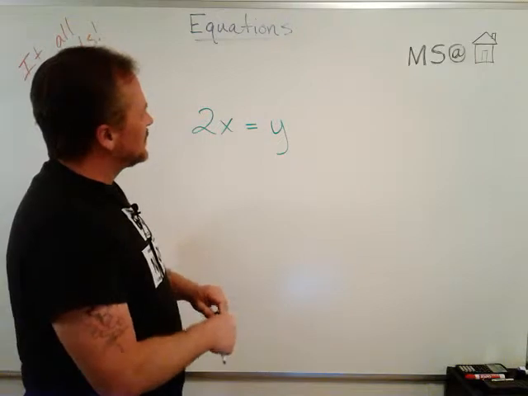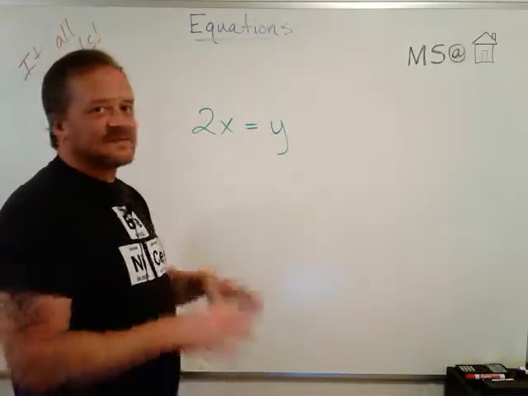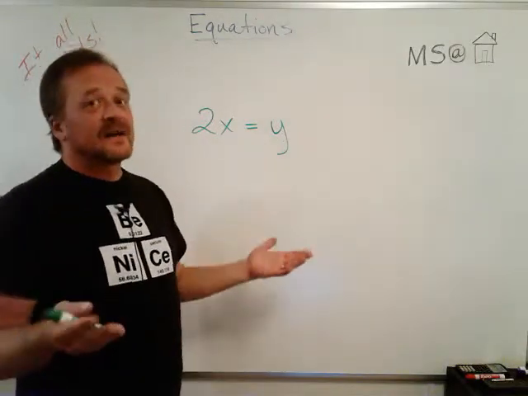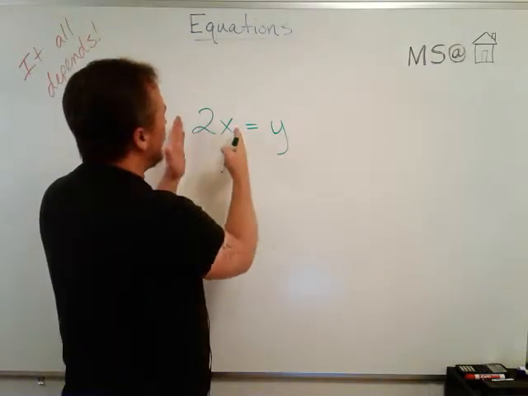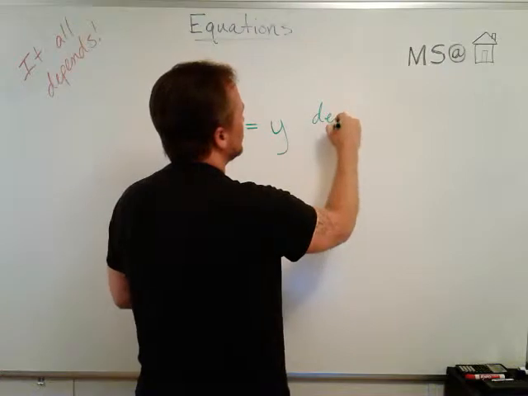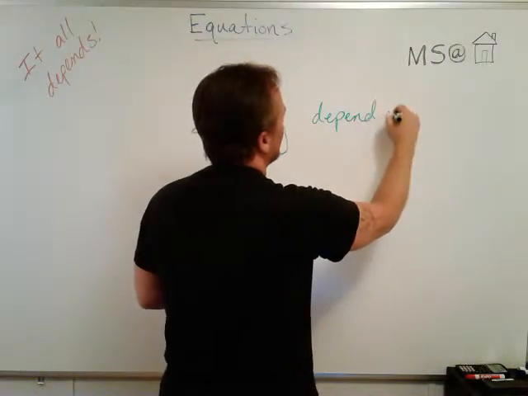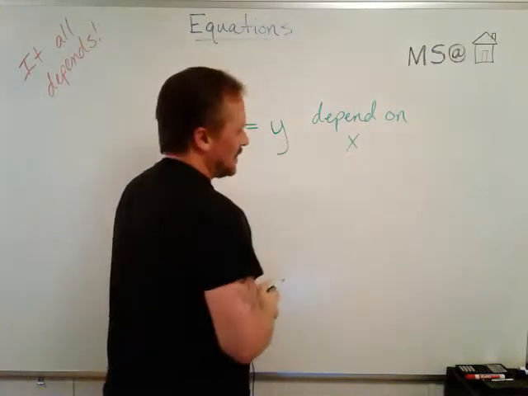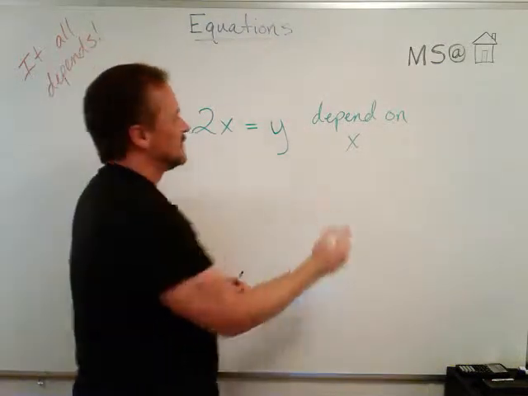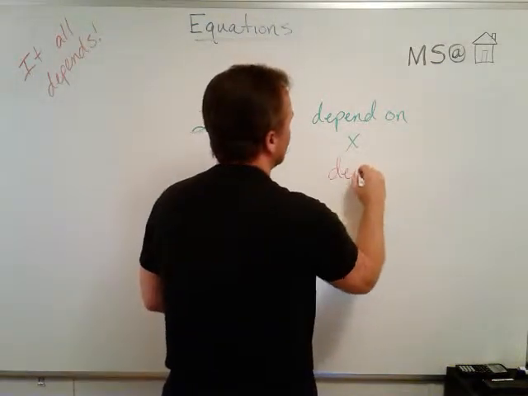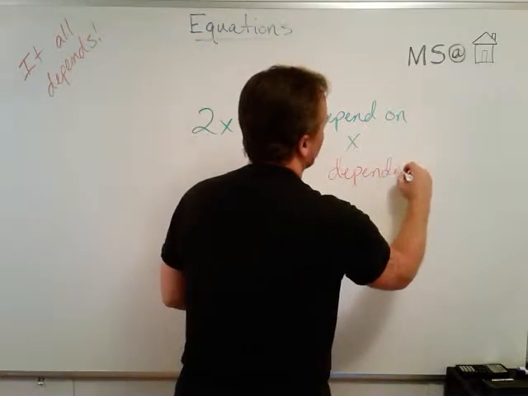There's a special little name for y. Since it's all by itself and it's just kind of sitting there waiting to see what happens, its value depends on x. And since it depends on x, we call it the dependent variable.